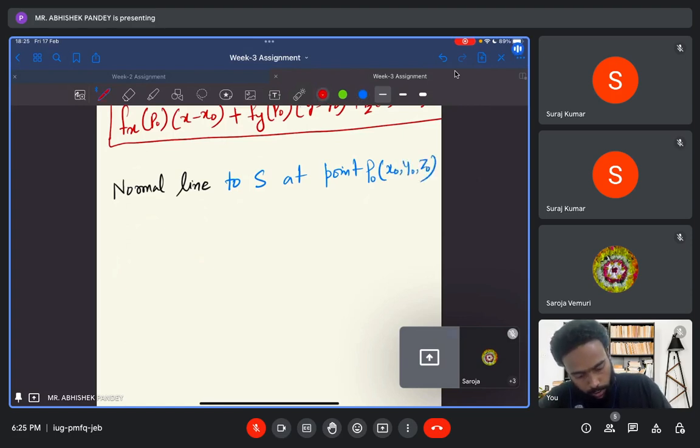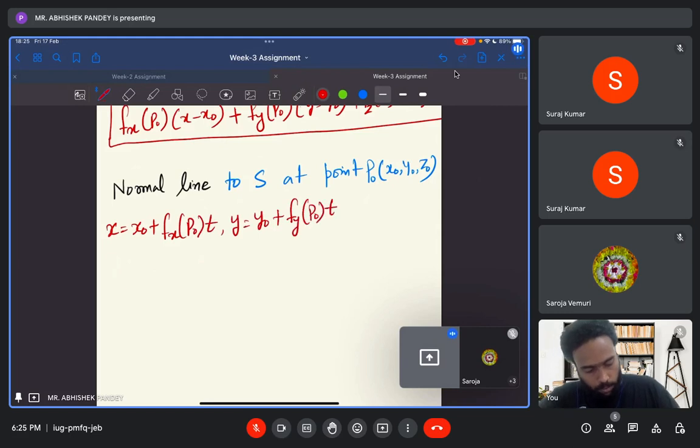So this is nothing but x equals x naught plus f_x at P naught times t, y equals y naught plus f_y at P naught times t, z equals z naught plus f_z at P naught times t, where t belongs to R.